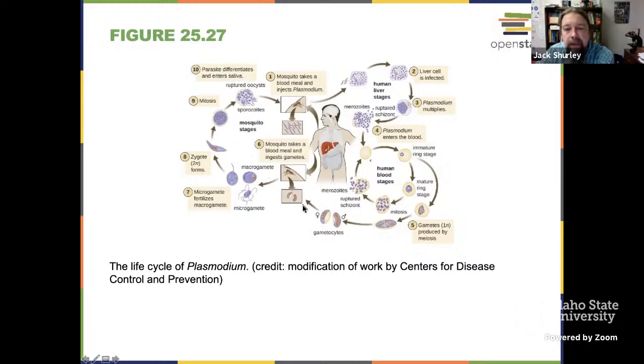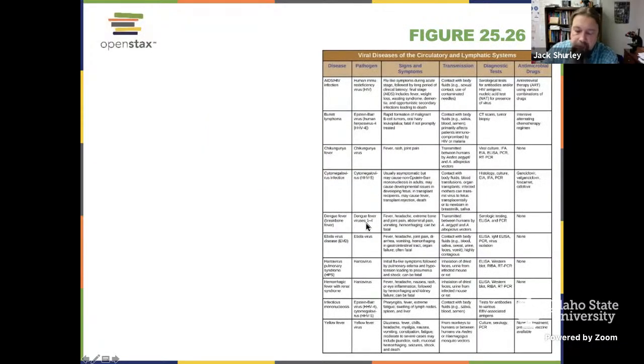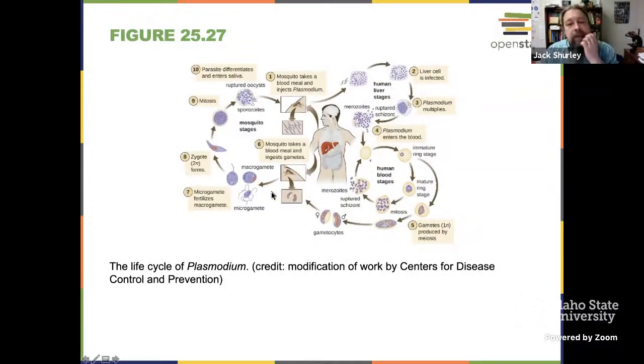The mosquito feeds on our blood, ingests these gametocytes, and within the gut of the mosquito, fertilization occurs. The male gametocyte, we call him a microgametocyte, exflagellates, so flagella emerge. It migrates quickly toward the female gametocyte, which we call a macrogametocyte. Fertilization occurs.